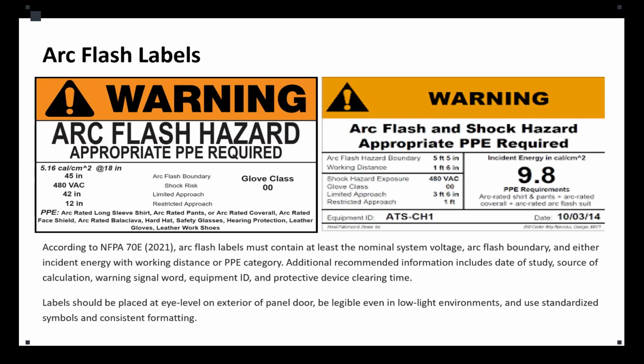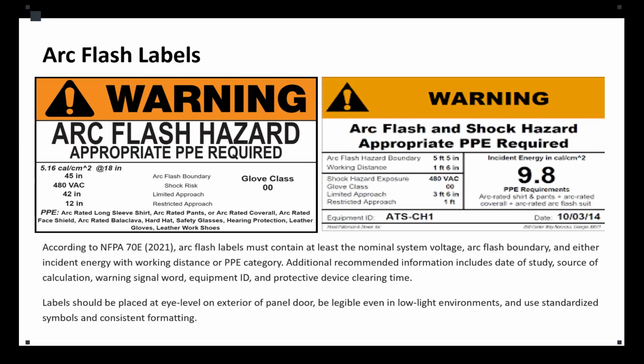Now, understanding that label is very important. Let's say, imagine a worker approaches a panel with a certain label. Basically that helps them to realize that they are dealing with a system that may deliver a certain amount of thermal energy.